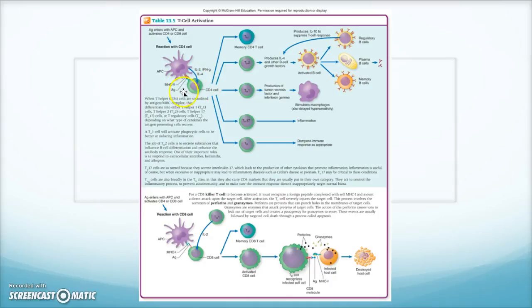And what will happen with a CD4 cell is that it can become a number of different things, and usually it will activate and produce many different types. So remember, we always say it has that memory CD4 T cell that is like the T cell that recognized the antigen.